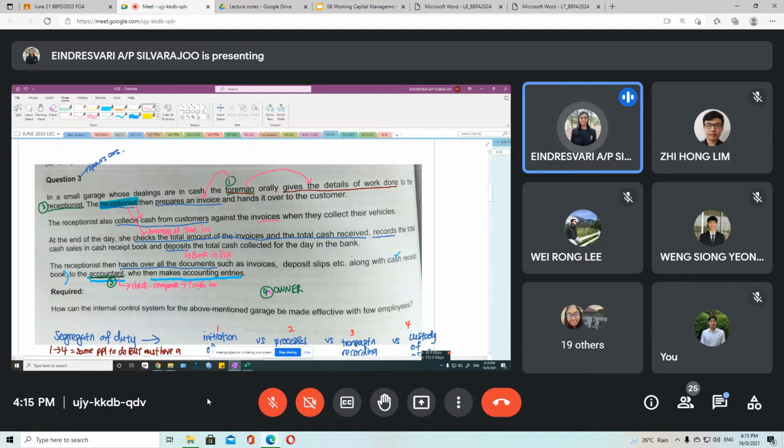So the accountant will take the bank in slip, compare with the total cash banked in, and match with the sales invoices. In this case, the total will match. If the receptionist steals the money, then the accountant will know the money is missing.